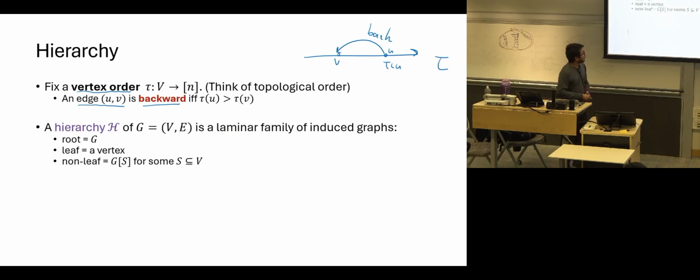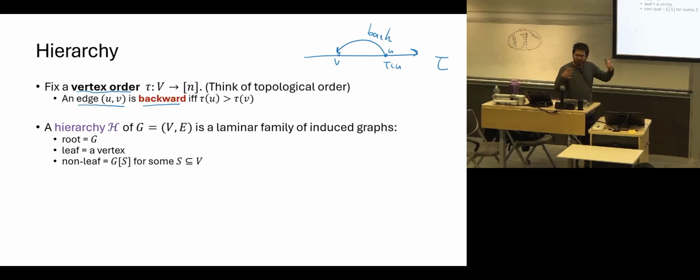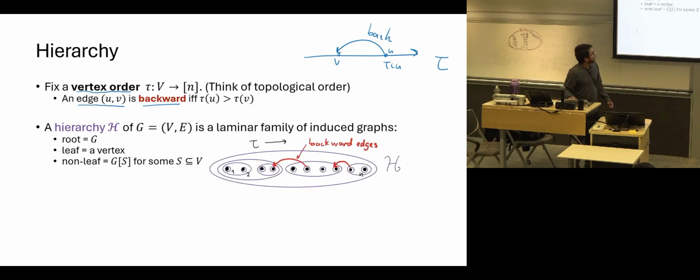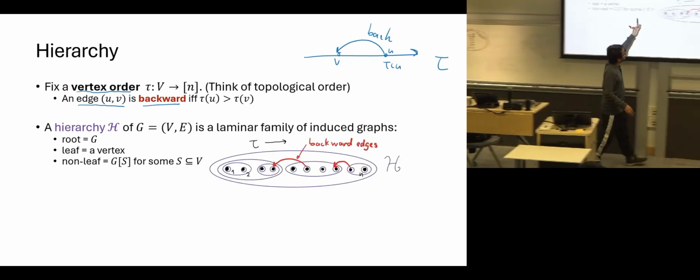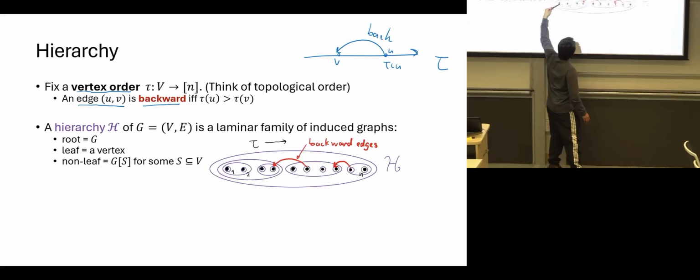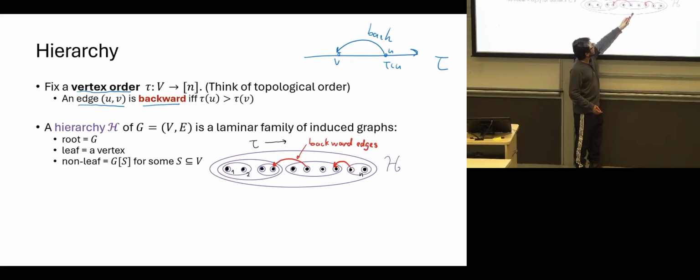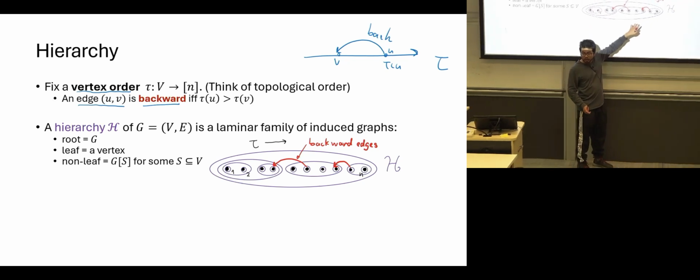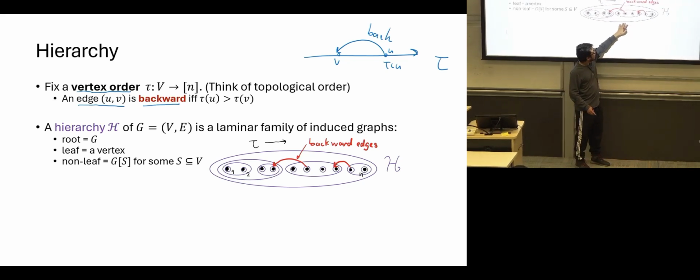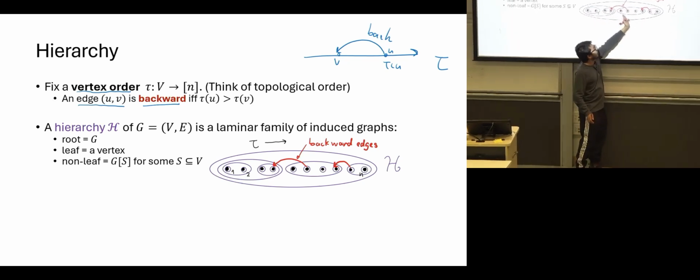Okay, so we can define the hierarchy. This hierarchy is defined the same way as before. It's just a laminar family of vertices. But think like you have tau, with the ordering 1, 2, 3, 4, 5. And the hierarchy is just a laminar family of these vertices. The edges that go backward are just the edges that go backward in tau.